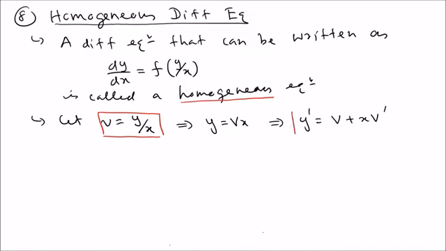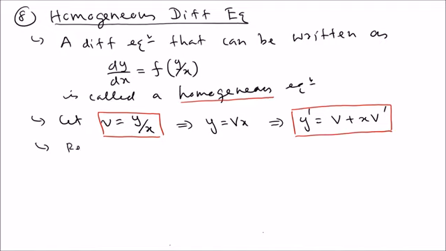So we're going to use this as well. We also need that. Those two are always the case with the homogeneous equation, no changes. And then the next step is, after we do that, you can substitute that, and then you get a differential equation in terms of v and x. So solve for v first.